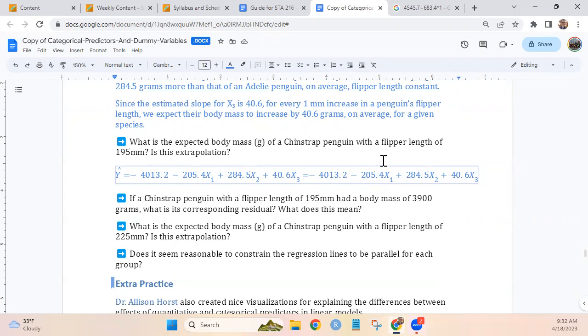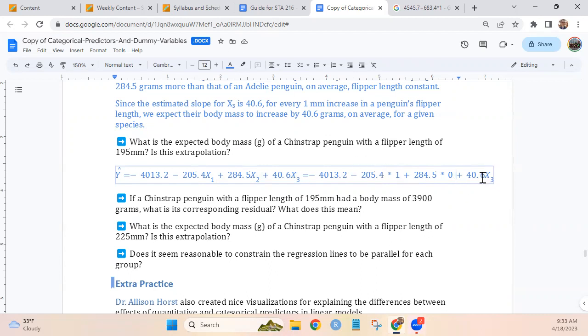So chin strap penguin with a flipper length of 195, what is x1 equal to then? Just 1, yeah, so times 1. What about x2? 0. 0, yeah. x2 is an indicator of it being Gentoo or not. So this is a chin strap penguin.